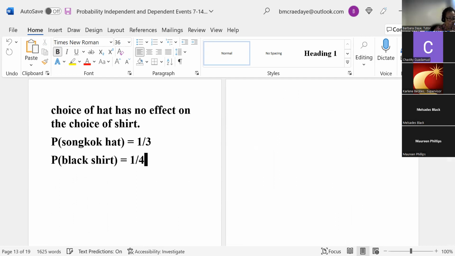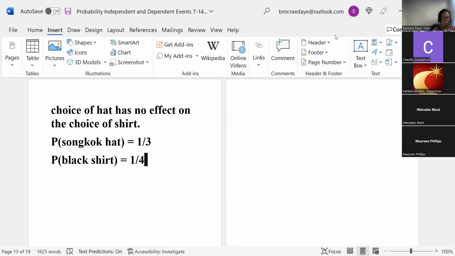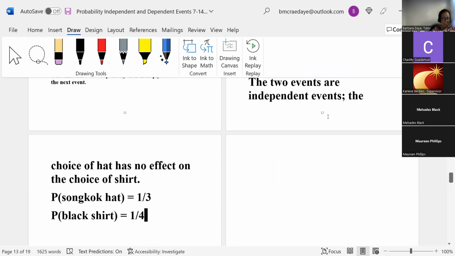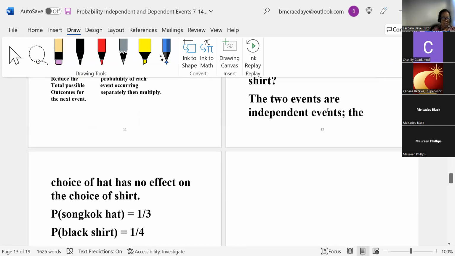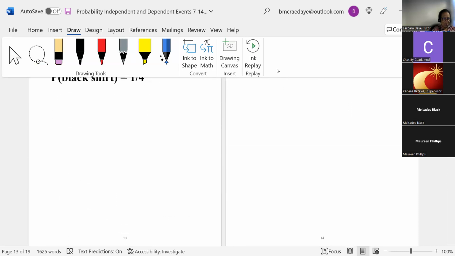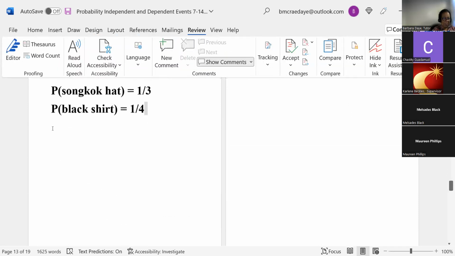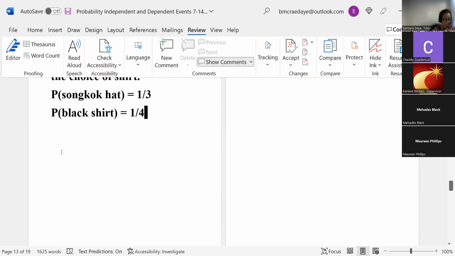Very good. Okay. They ask us, what's the probability you choose the sangkak and the black shirt? So we have independent events, right? So how would we solve that, Maureen?